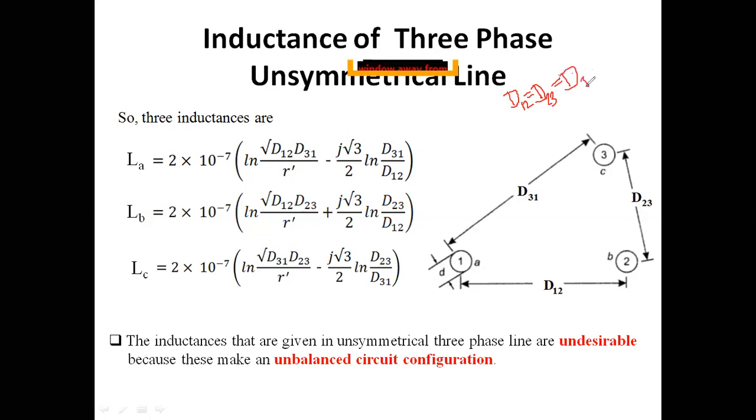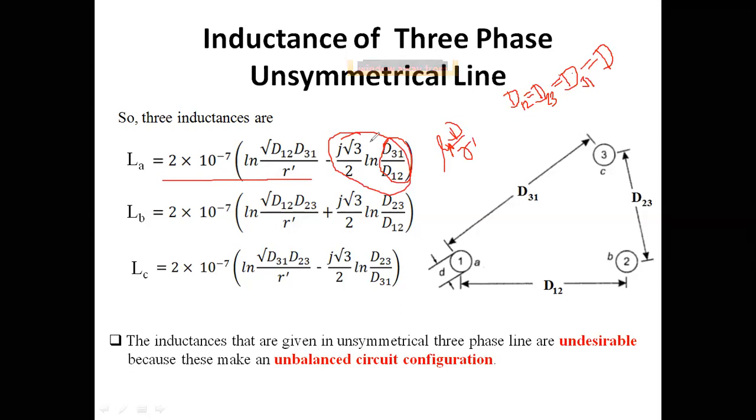So these three are equal. If we take this equal to D and replace all these distances by D, then ultimately we get 2 into 10 to the power minus 7 ln square root of D square, which becomes D, so ln D by r dash. And the other term with the j part, D31 by D12, both become D by D, which becomes 1, so log 1 equals 0. So this imaginary term will vanish in case of a symmetrical line. So from here also you can derive the symmetrical line.